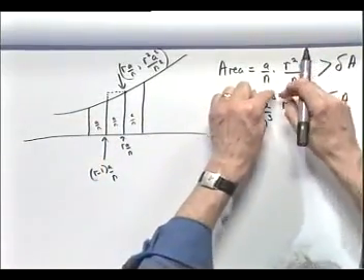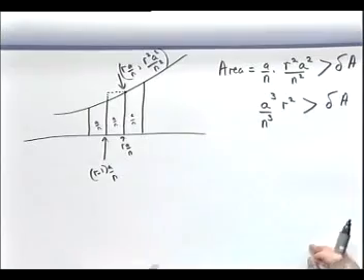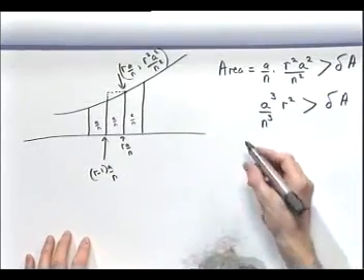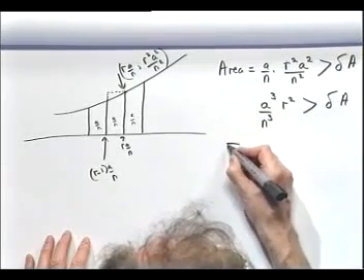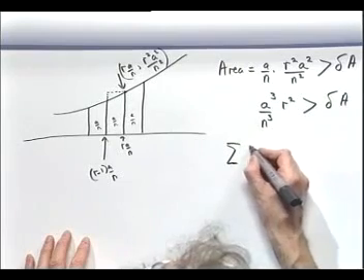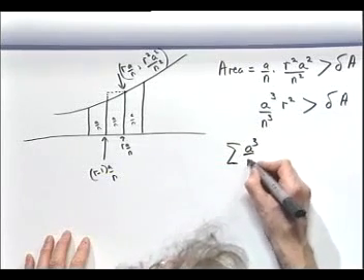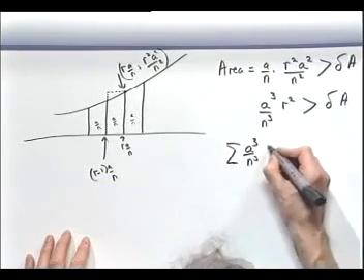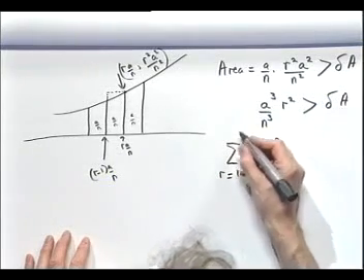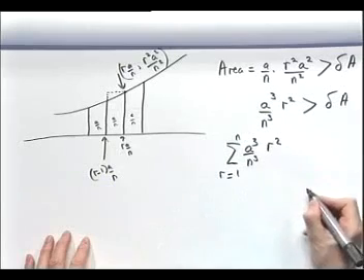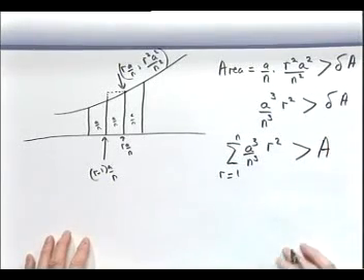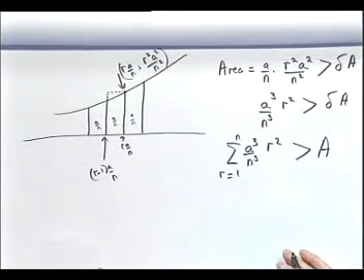So we need to add up all of these, but that will still be bigger than the area as a whole. So let's add them all up. Sigma, that means sum, add up, A cubed over n cubed times r squared, and we'll have r from 1 up to n. When we've added all those up, that will still be bigger than the area that we're after.